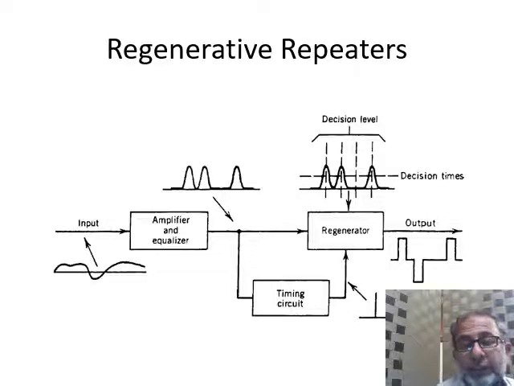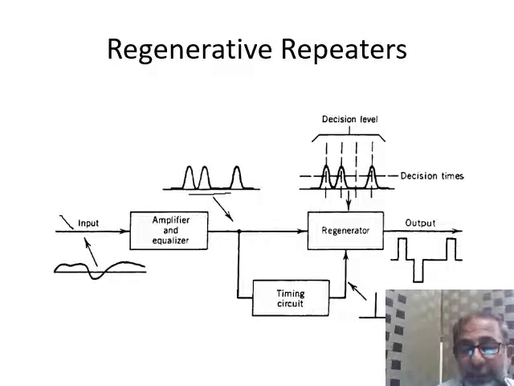Now let's see what's inside a regenerator repeater. We have already stated that a regenerator repeater regenerates the original signal. First, it observes the input signal that comes onto it. The first stage is an amplifier and equalizer, in which it amplifies and equalizes and forms a signal like this.